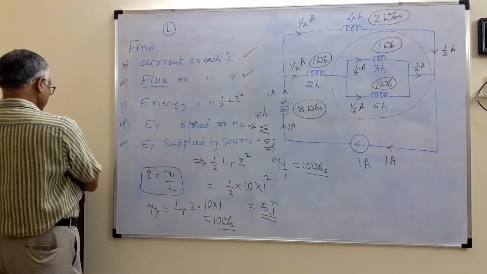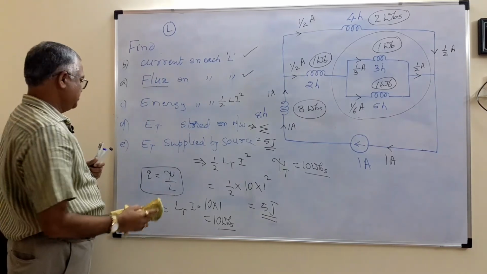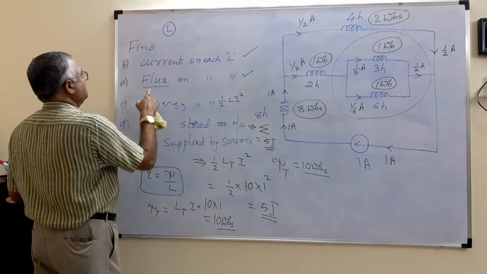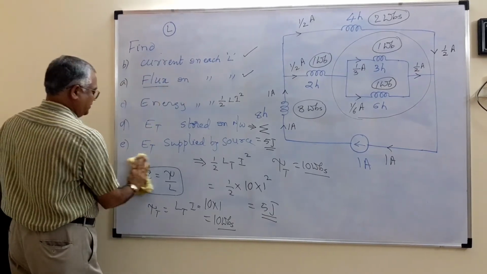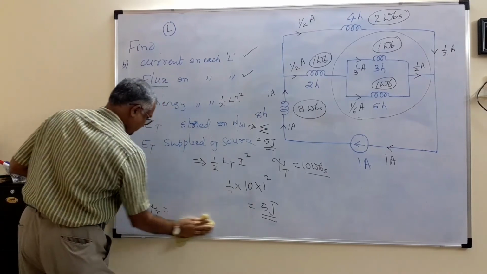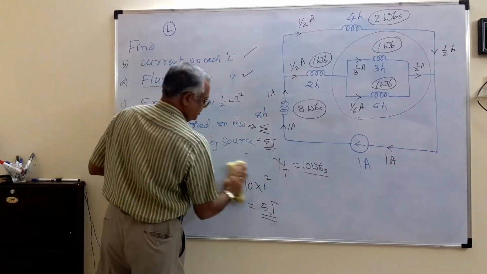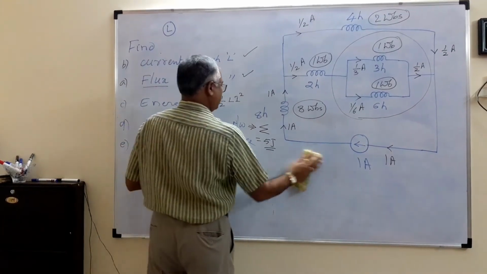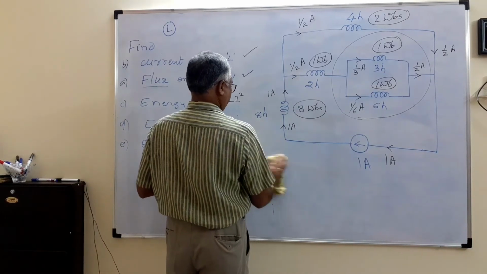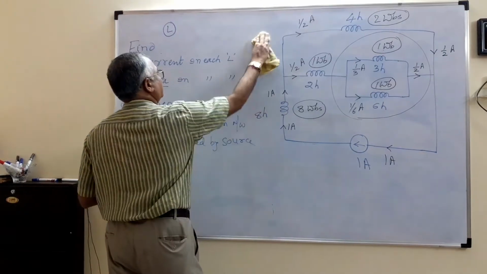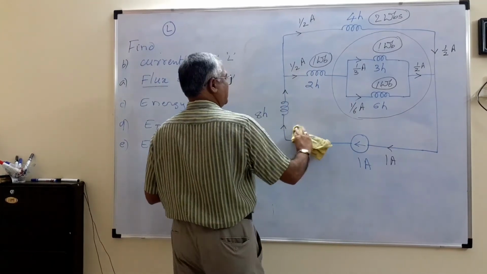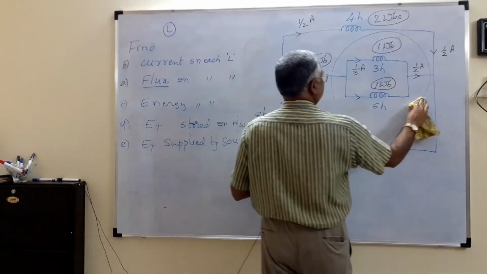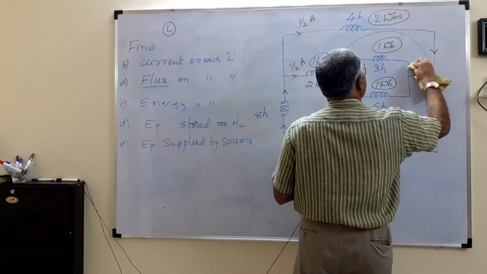Both ways you should know. Sometimes finding this is easy, sometimes finding that is easy. Depending on the problem, depending on the question, depending on the situation, you have to select. So again same problem, just the sequence changed.